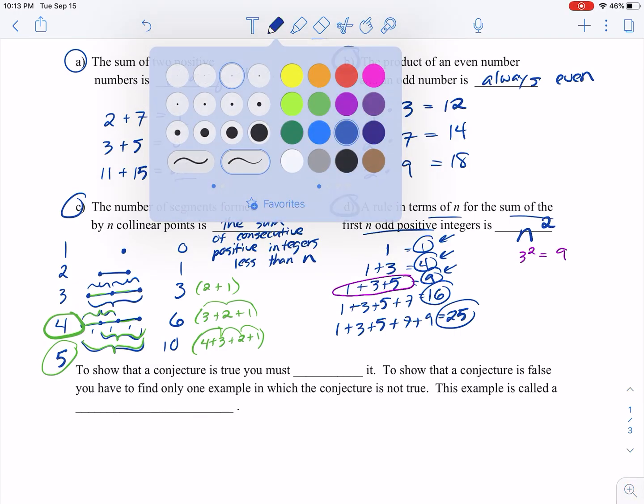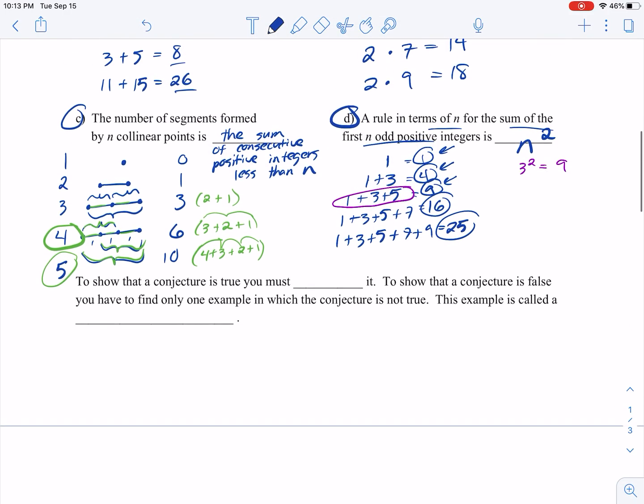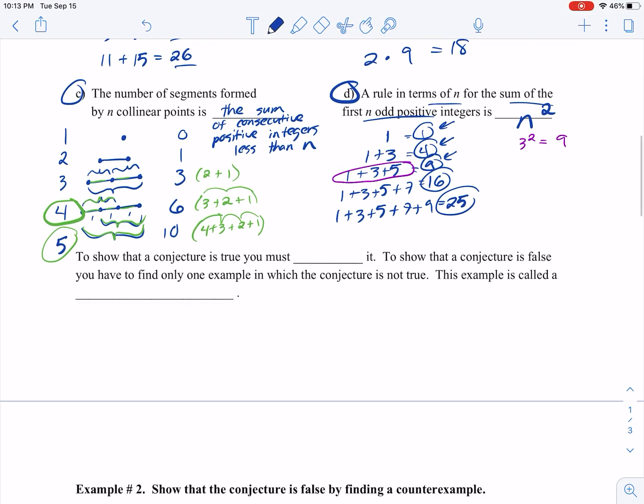Okay, great. Let's continue with some counterexamples. To show a conjecture is true, you must prove it, which is what we were doing up above, providing evidence. If we want to show a conjecture is false, you just need one example that shows the conjecture is not true, and that would be called a counterexample.